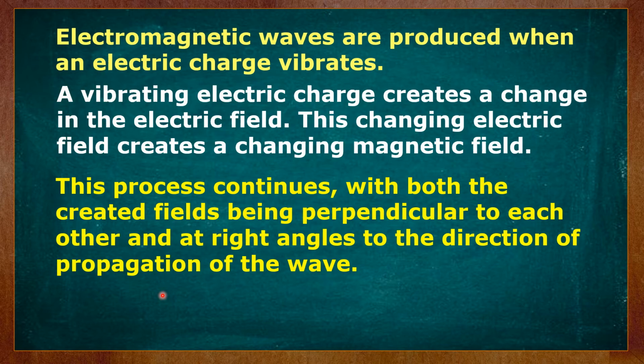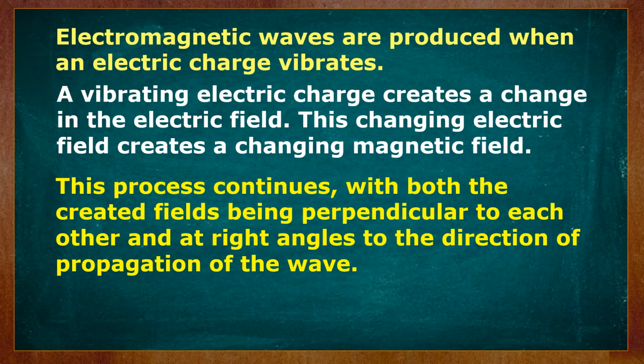This changing electric field in turn creates changing magnetic field. These two fields vibrate perpendicular to one another, and these two fields again are perpendicular to the direction of propagation of wave. So in an electromagnetic wave, we have two vibrating fields, electric field and magnetic field, isn't it? How these fields are created, just now I have said.